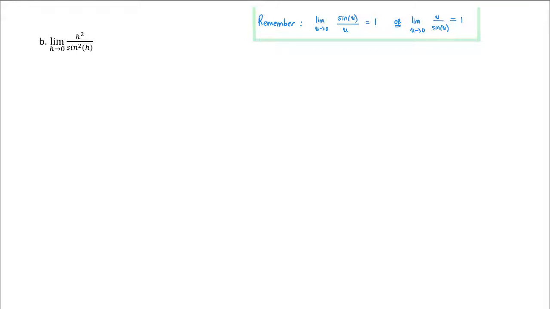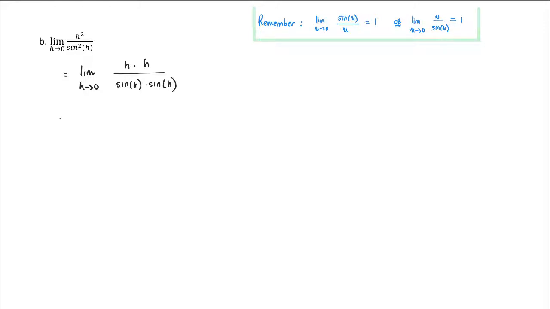So in order to do this, I am going to start again by reorganizing my expression. I have h squared over sine squared h. So let me rewrite it like this: h times h over sine h times sine h.